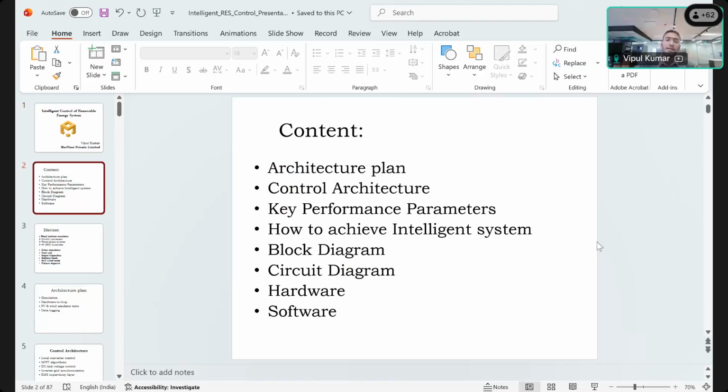And the block diagram and circuit diagram of the system. So in this presentation, we will discuss the software as well as the hardware. All things we will cover.